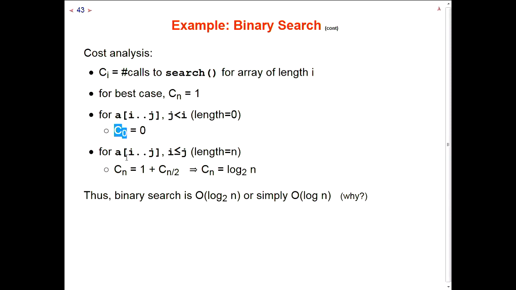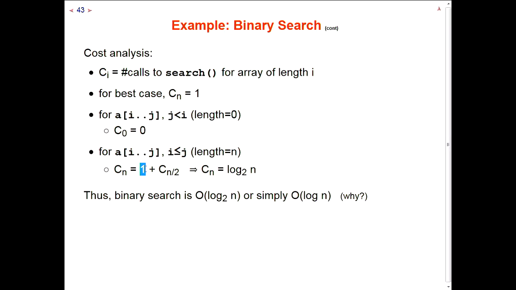And if we have an array from i to j with i being smaller or equal to j, then how many calls to search do we have to take? Well, we have to put in one call, and then we reduce the size of the search window by a factor of 0.5. That is, we divide our array either into the left half or the right half.